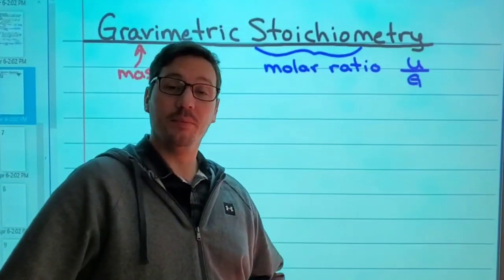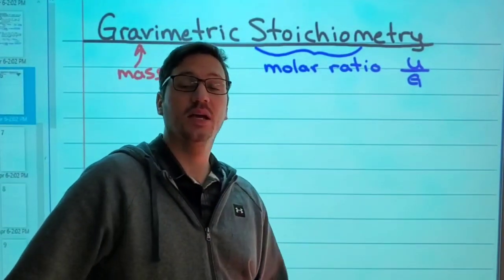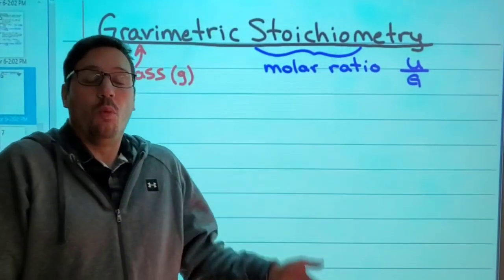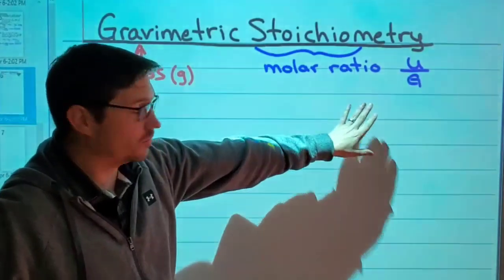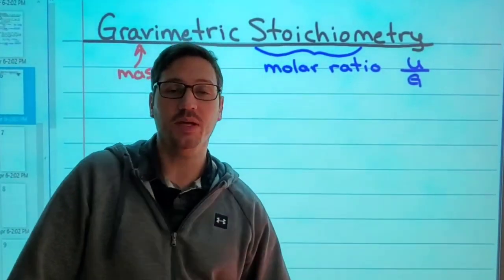And I don't know if you remember from yesterday, from the first half of class, but if you have mass, if you have grams, and you want moles, right? We're using the molar ratio. We're going to need moles at some point in time.